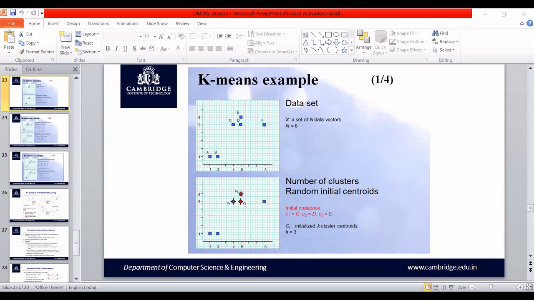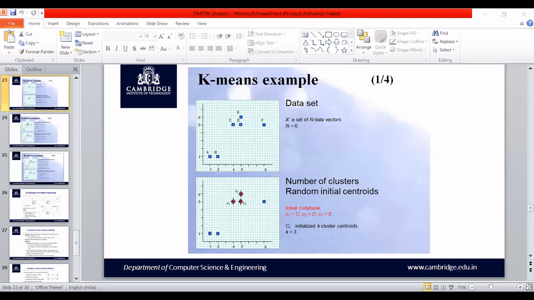Randomly I will choose the centroids. Here I have taken 1 and 4 as my initial cluster centers. The score of A is 1.0 and B is 1.0, so this will be your centroid: 1.0, 1.0, and 5.0, 7.0 for the other cluster.